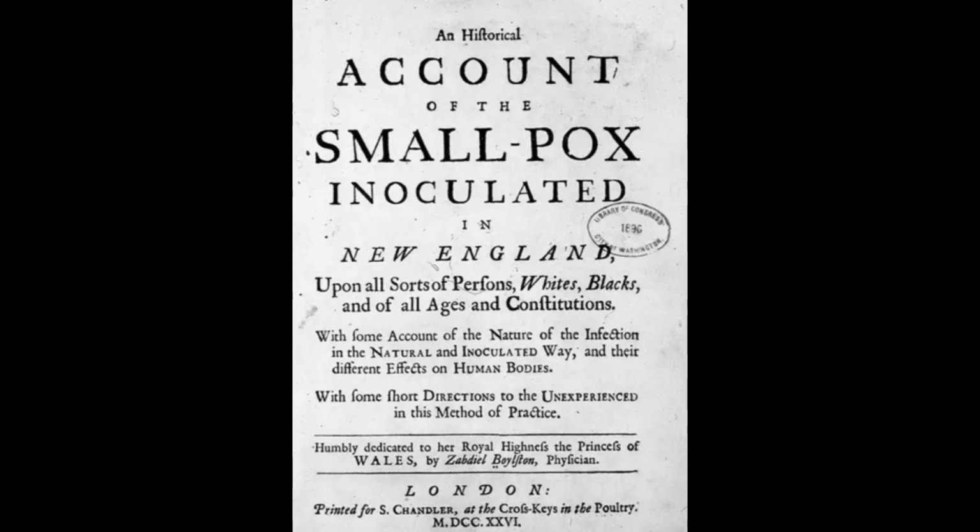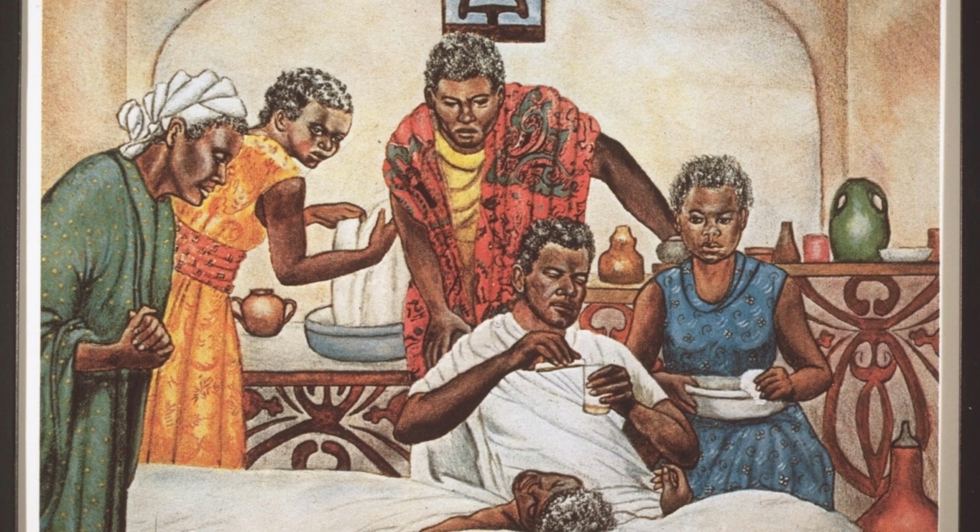What he described is that they would take pus from an infected person with smallpox, and they would put that pus into a cut, or they would inhale that pus, thereby inoculating the person and giving them immunity from that disease. This is something that Mather had never heard of, nor any other of the white settlers at this time.